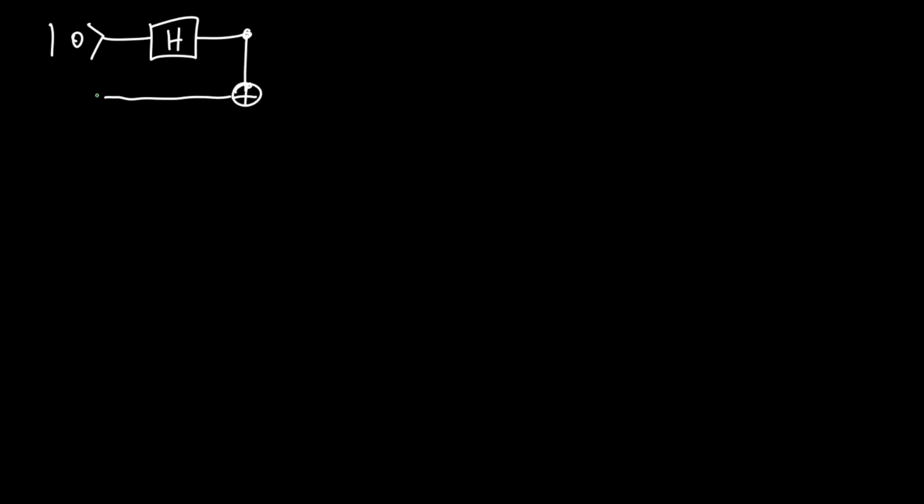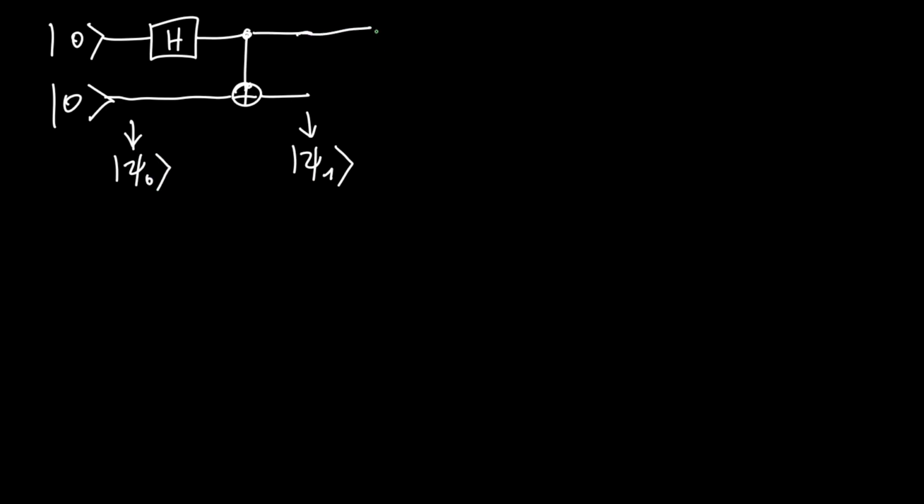Now we're gonna have something with a CNOT. We're gonna have this circuit. Apply Hadamard, then apply CNOT, target qubit is the first one, control qubit is the second one. Then see where it goes. This is gonna be our psi 1. This is psi 0.